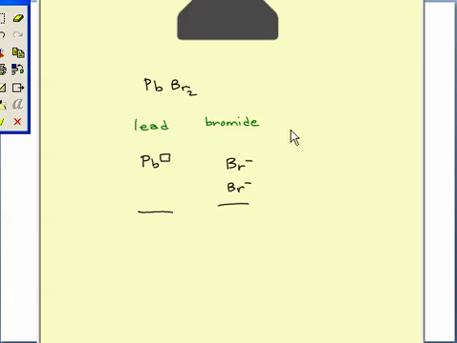My formula says I have 2 bromides, so I have a total charge of -2. That means my lead must have a charge of +2. So now that I know my charge, I can finish naming my compound, lead 2 bromide, where this Roman numeral is the charge of my cation.